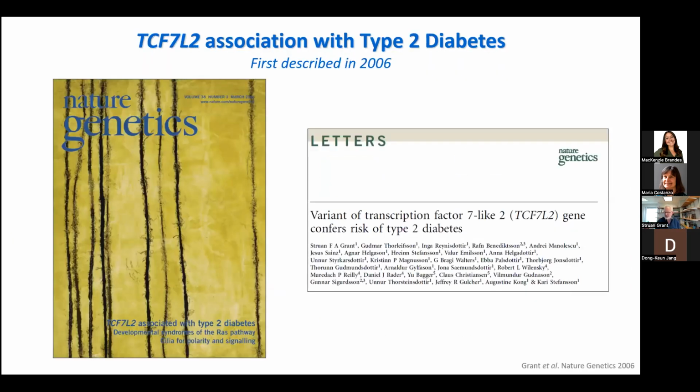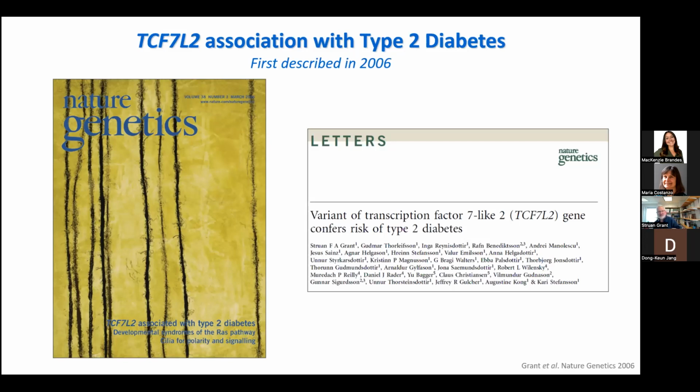And what was a really good day in my career was whilst I was working at deCODE Genetics in Iceland, which we published from the company. We first reported the association with TCF7L2 and type 2 diabetes. So it was very satisfying to see when the first GWASs came out, because we used a slightly different approach, but when the first GWASs came out, it was very satisfying to see TCF7L2 as a top signal.